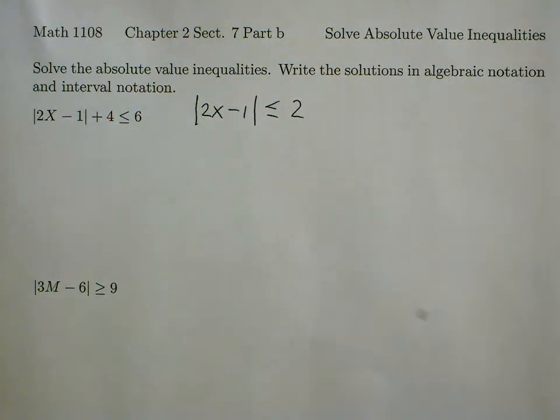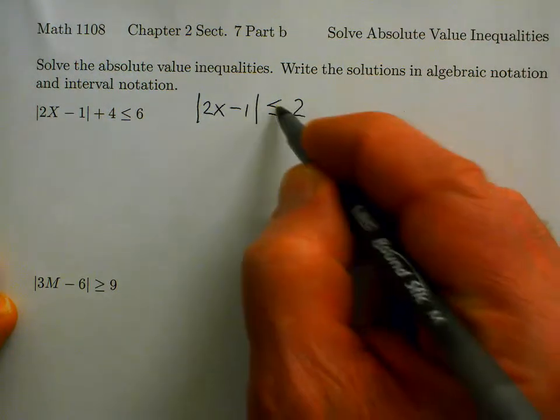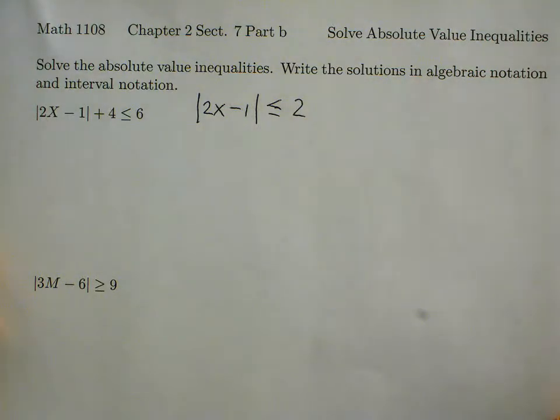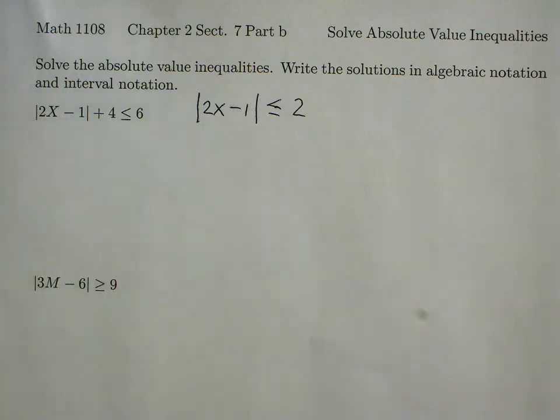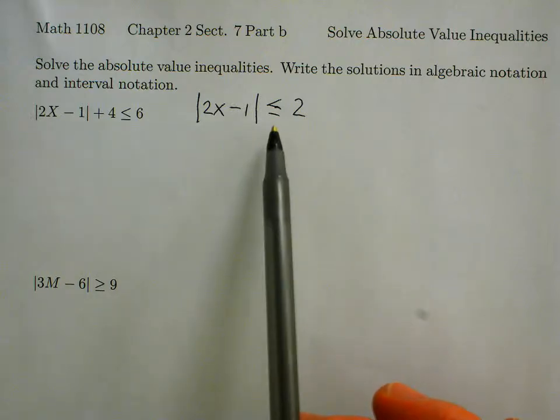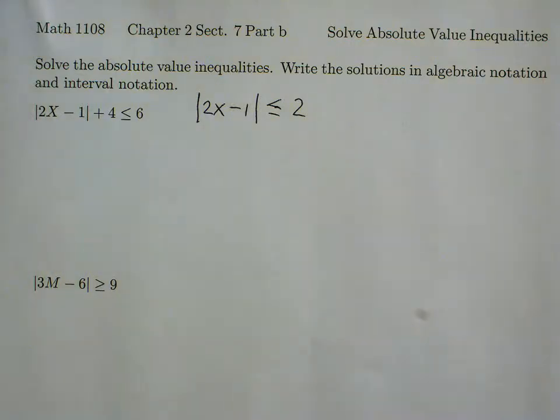Okay, so we're looking at a situation that we've already encountered in the more basic examples. So just think of 2x minus 1 as a number. We do want to solve for x, but just think of 2x minus 1 as a singular number. If the absolute value of a number is less than or equal to 2, then where is that number on the number line?